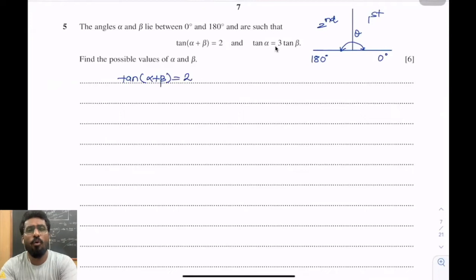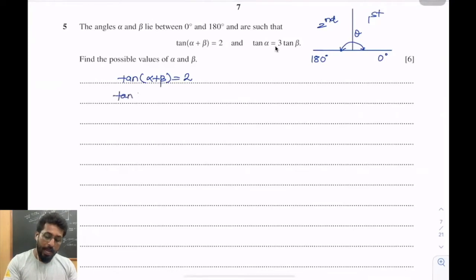So now what's the formula of tan A plus B? Students, isn't it tan A plus tan B whole divided by 1 minus tan A tan B? So tan of alpha plus beta is going to be tan alpha plus tan beta whole divided by 1 minus tan alpha times tan beta, and it is equal to 2.